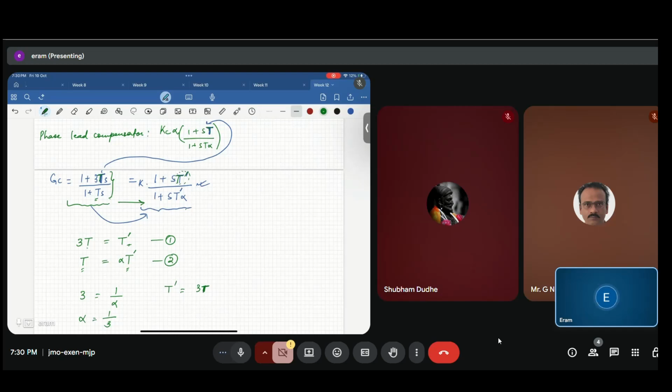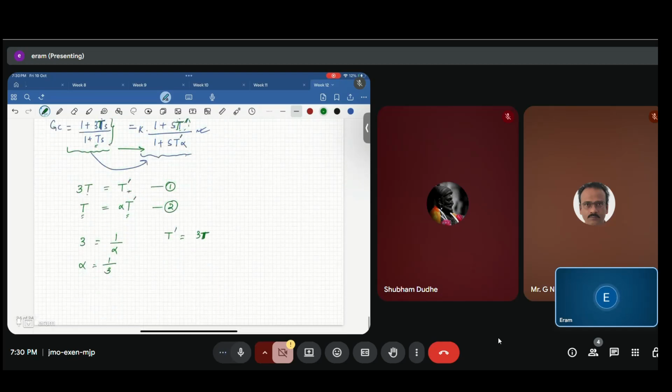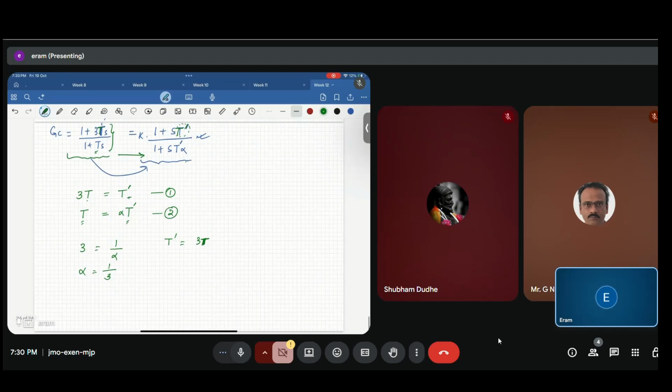So this is how the parameters of the lead compensator look.